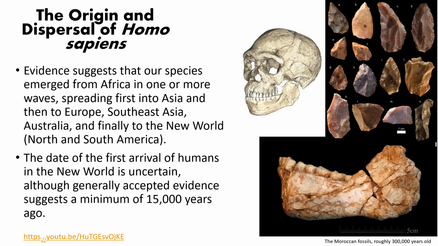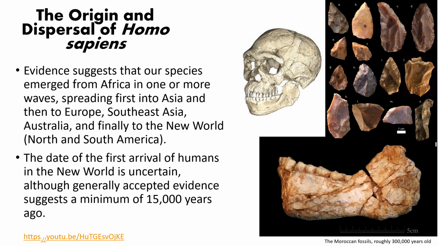Now, when humans arrived in the New World is very controversial, and there is not really a known date. There's lots of different evidence that shows it could be much earlier than we thought, but at a minimum, it's thought that humans arrived in the New World around 15,000 years ago.